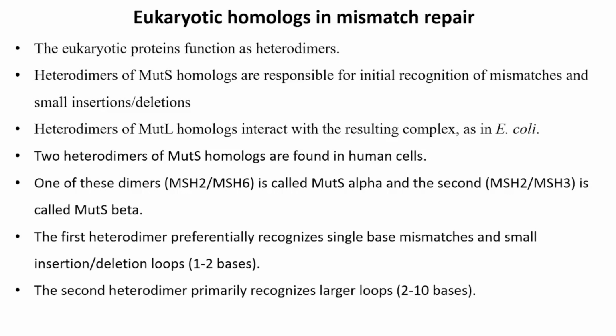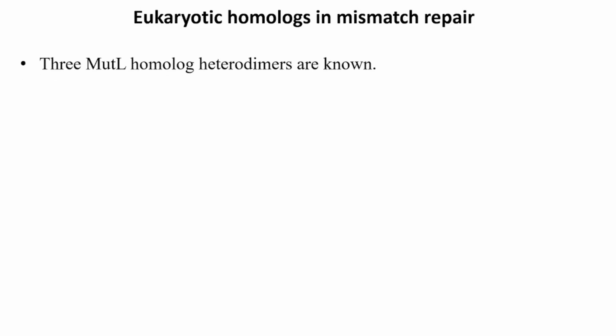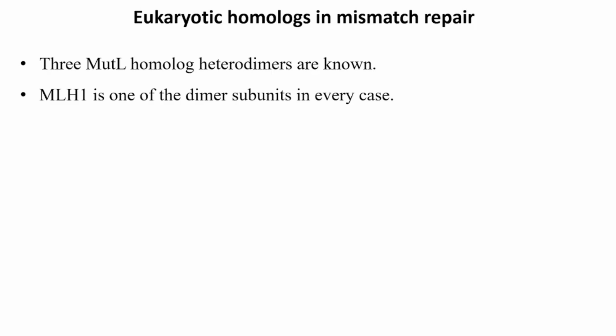Structural studies of MutS homologues suggest that MSH2 resembles the B monomer of the MutS homodimer, while MSH3 and MSH6 resemble the A monomer. Three MutL homolog heterodimers are known. MLH1 is one of the dimer subunits in every case.